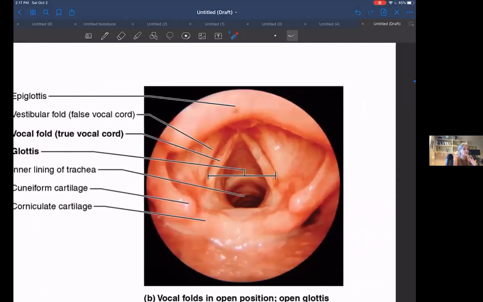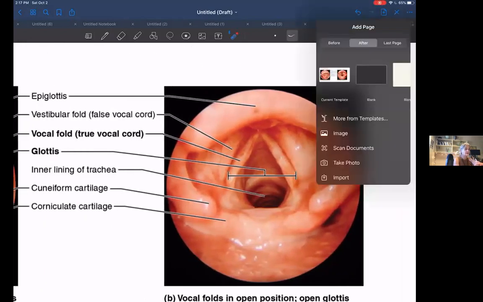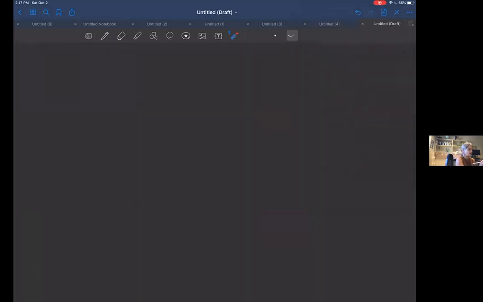So let's next look at the larynx. Not the larynx, the trachea. Okay, let me see. Okay, so the trachea.